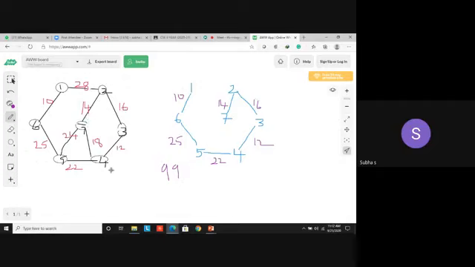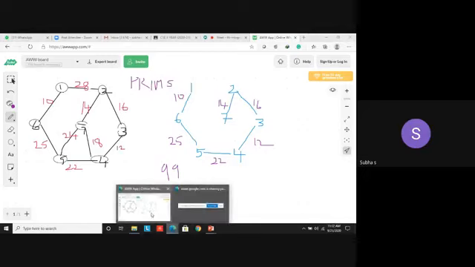Prim's and Kruskal's are applicable for connected, weighted, undirected graphs. If you have any doubts, you can ask.